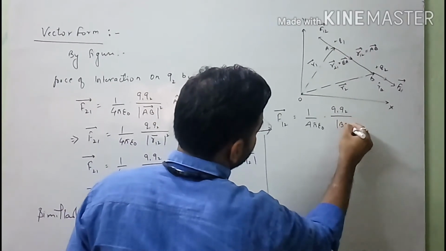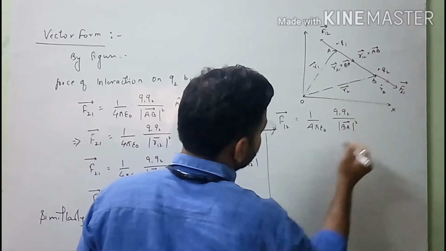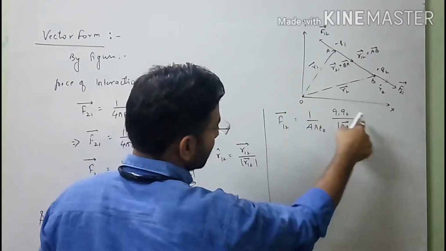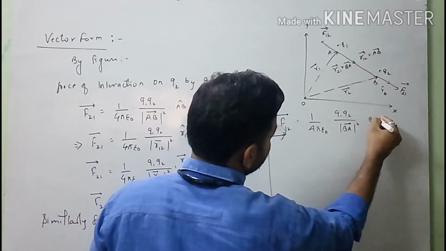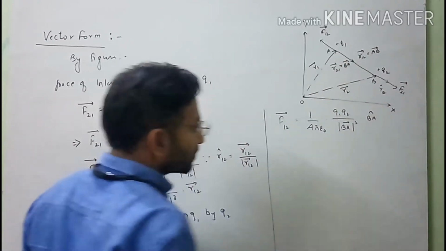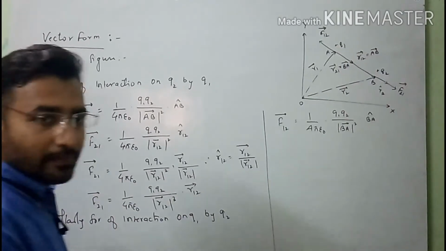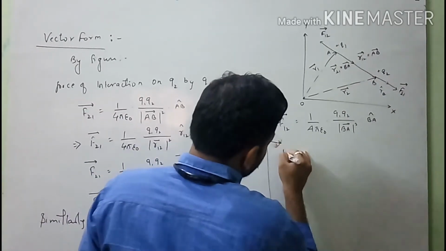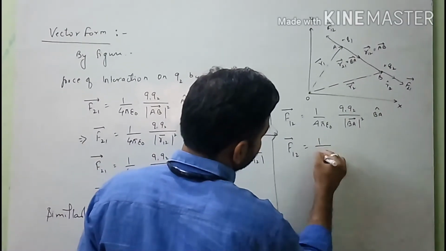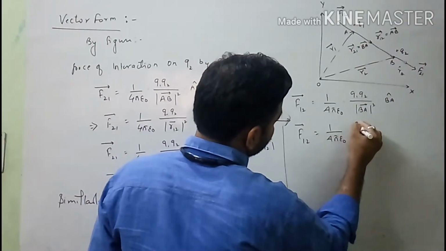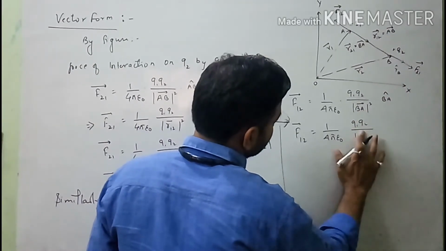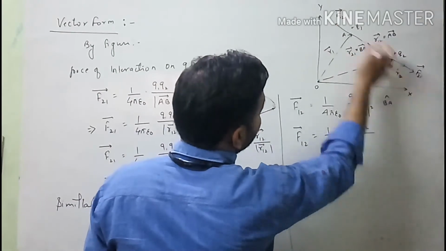So I will write BA in vector form in square, and because of this vector sign, it is necessary to write here a position vector in the direction of BA. Here I consider the position vector to be the BA vector. So in the next line, see here, student, I will write 1 over 4 pi epsilon naught Q1 Q2 over BA. In place of BA, I will write here R21.